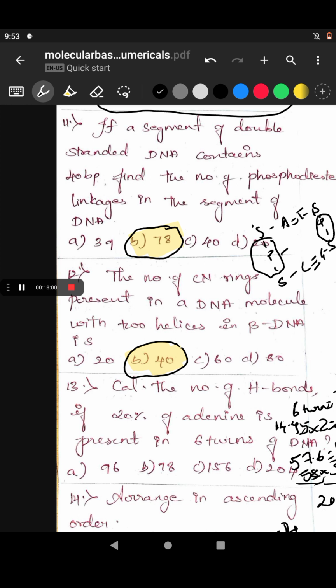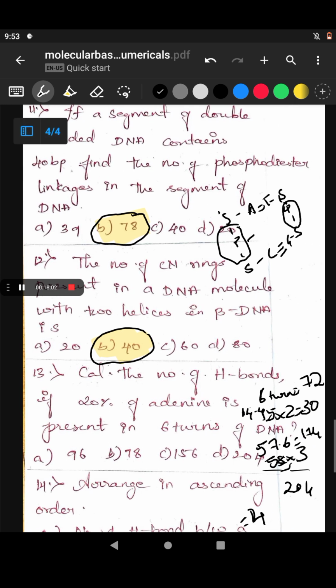Calculate the number of hydrogen bonds if 20% adenine is present in 6 turns of DNA. If you take 6 turns, 1 turn equals 12 base pairs. A helix, if it is 1 turn, can be 10 or 12.